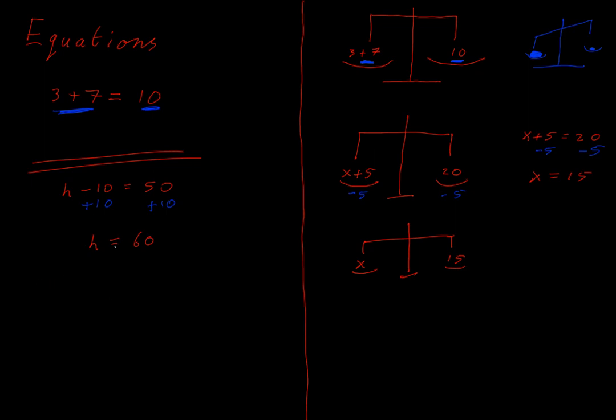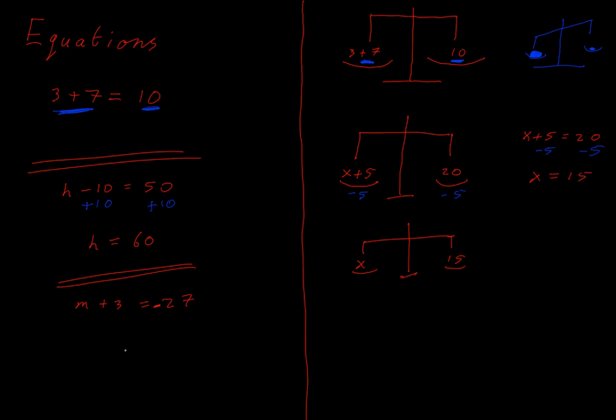And I'm going to do one more example for you. Not going to be any different, but if I had something like m plus 3 is equal to minus 27. So m plus 3 is equal to minus 27.